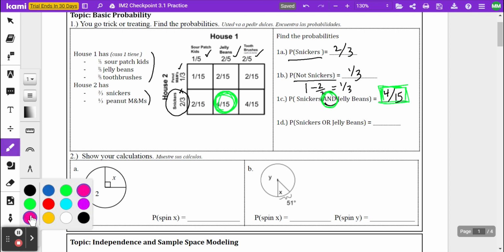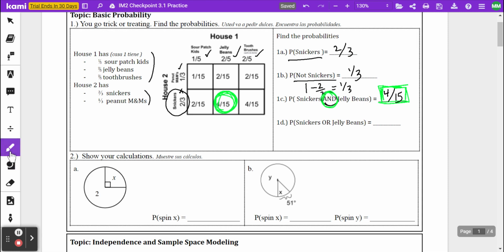And what is the probability that you get Snickers or jelly beans? Well, for that to happen, you could get anything in any of these 4 boxes. So, to figure that out, you'd have to add all of these up. 2/15 plus 2/15 plus 4/15 plus 4/15.